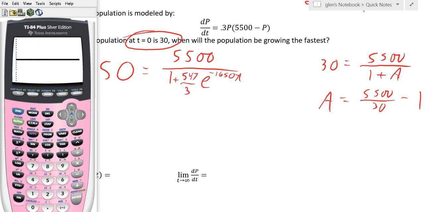In your Y equals, I think it's multiplying the 3 times the E. The calculator knows that's 547 divided by 3. No, but you're putting the E on the bottom. No, I did that in Excel.